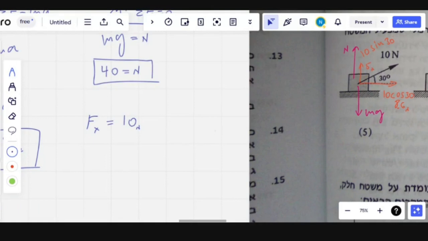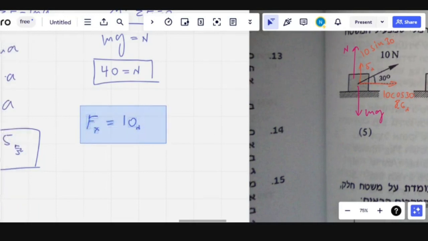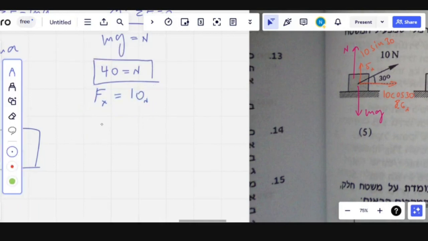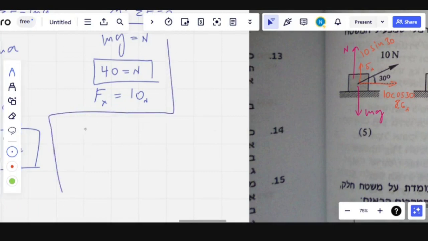So now let's do the equation. Let's do Newton's formula. On the y-axis, we know that sigma F equals 0, because the box is not moving.